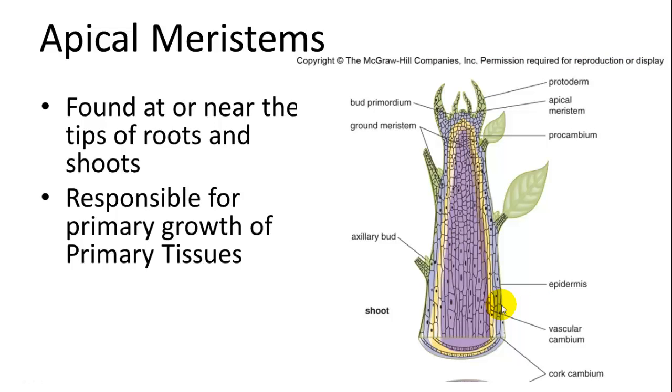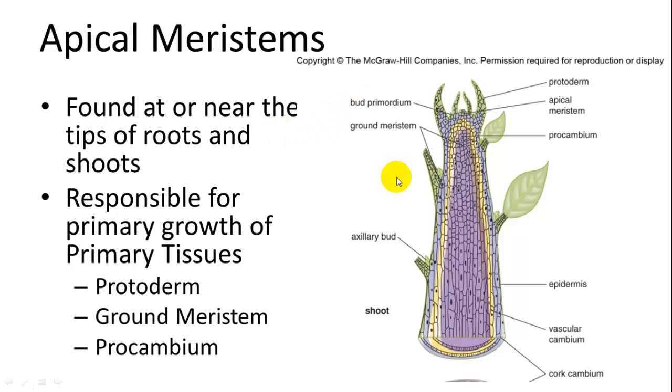Alright, so apical meristems are found at the tips, the very edge, the outermost part of roots and shoots. Shoots are basically the continuation of stems, so growing stems, and roots, of course, are underground. Here you have a picture of a shoot where you have leaf growth, and then you have the extension of a stem.